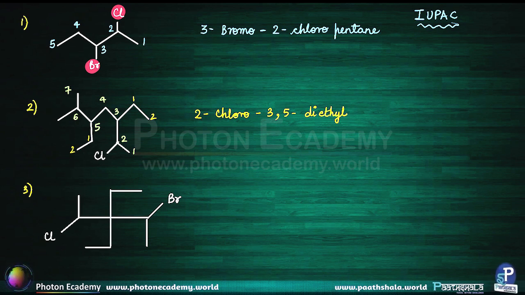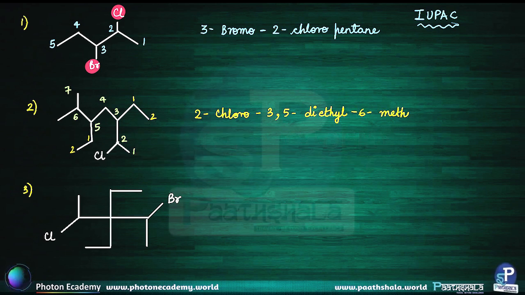Then at 6 we have a methyl group present. 6-methyl. And lastly, the chain is of 7 carbons, so we call it heptane. This is in accordance with the alphabetical order C, D, and M. That is how we write the IUPAC name.